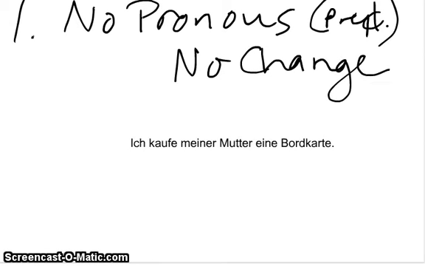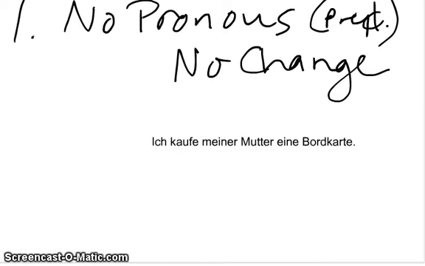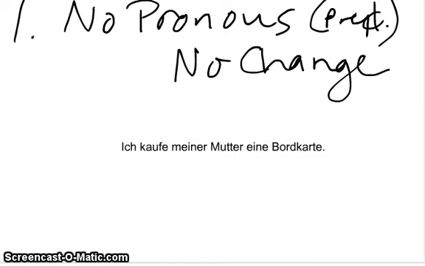For example, I buy my mom a boarding pass. We can dissect this sentence, first of all, by finding the verb of this sentence. The verb is kaufe. Who or what buys? I buy. I buy what? Do I buy my mom, or do I buy a boarding pass? If you answered a boarding pass, you're correct.